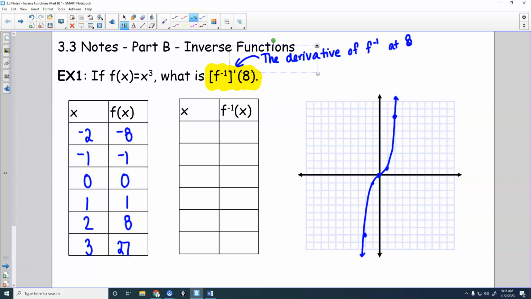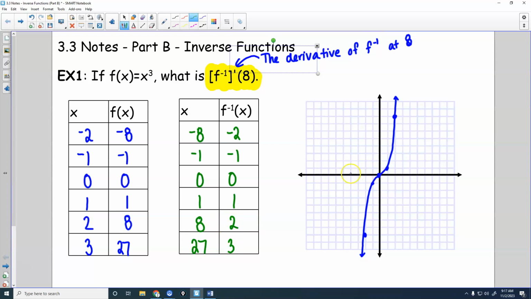What could I do with the points that I already have? Just flip them, right? So I'd have -8, -2, -1, -1, 0, 0, and 1, 1 all stay in the same spot. I would have 8, 2. I'm going to put 27, 3 on there, but it doesn't fit on my graph.